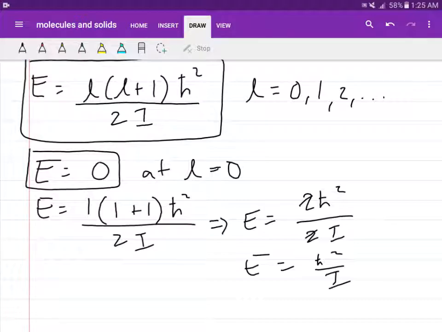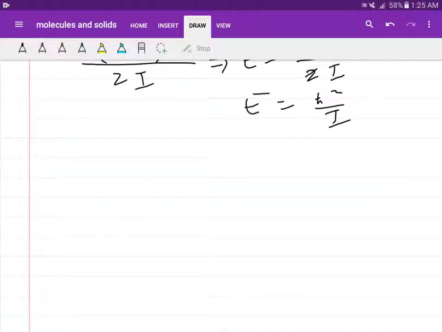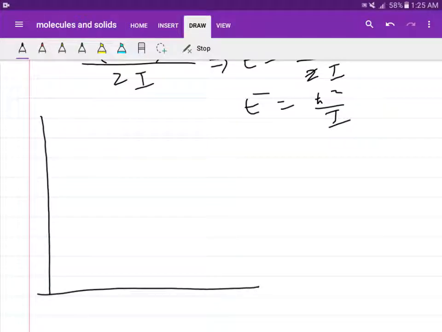If we plot different values of E with respect to L, we notice that it is quantized. At L equals 0, the value of E is 0.